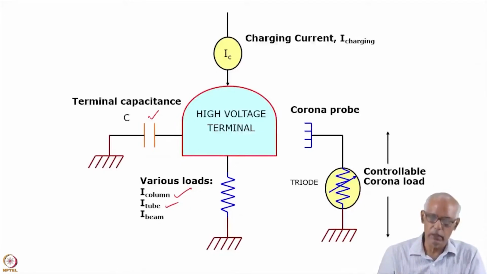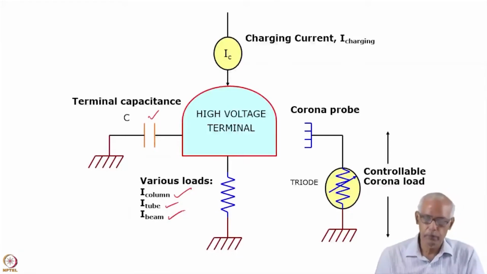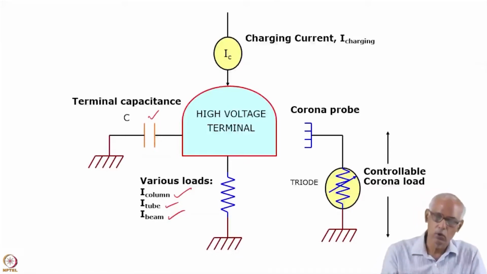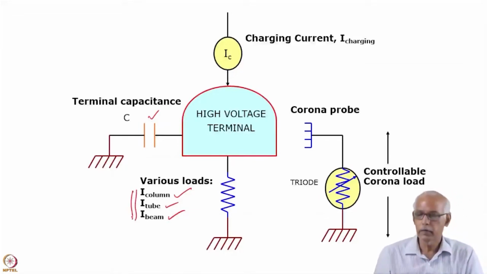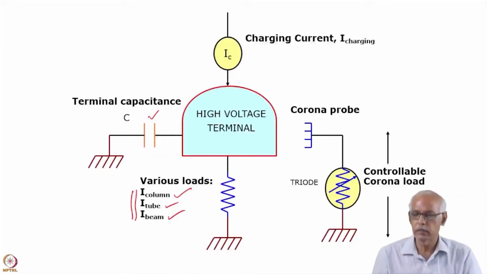So we call it I tube, and then we are accelerating the beam, and that also has to be taken in. So this IC or I charging has to at least match with this.